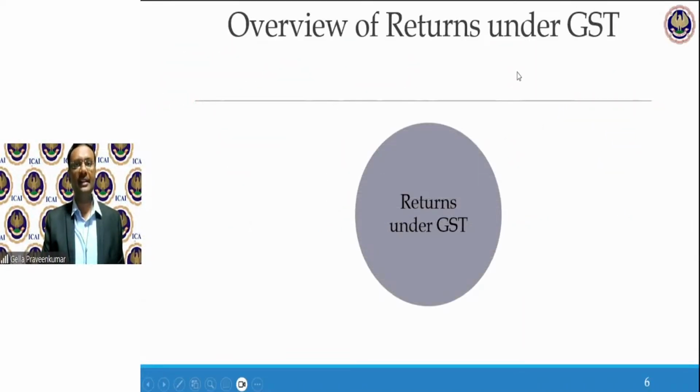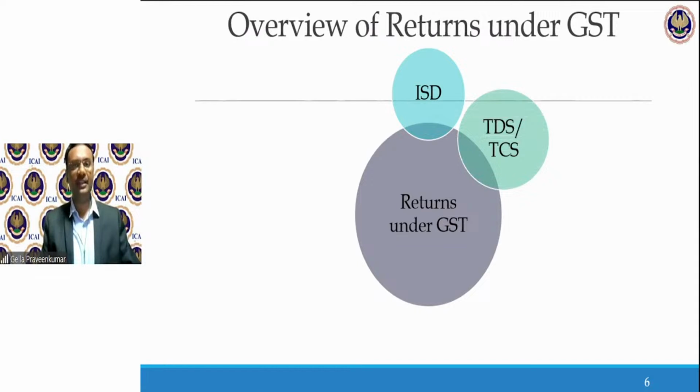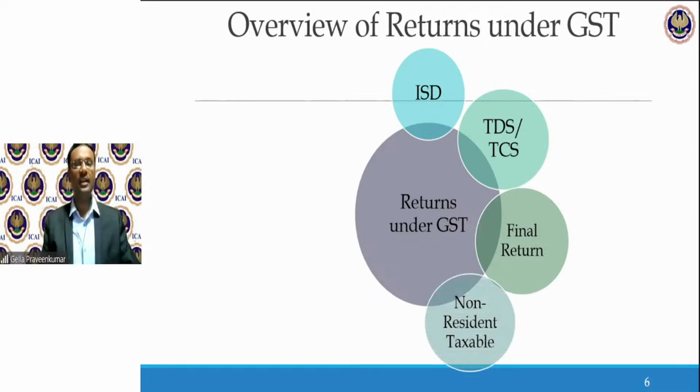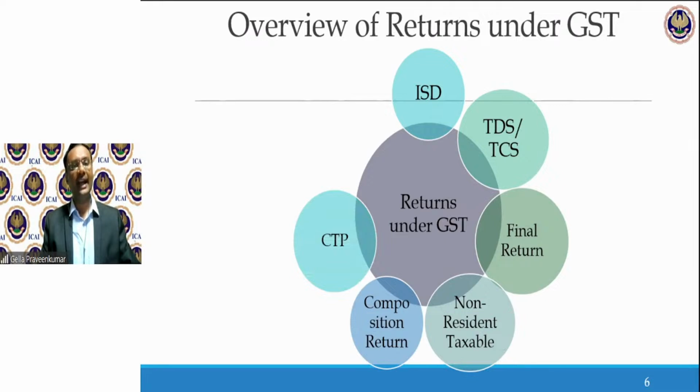Overview of my returns under GST law. The various returns which we are supposed to file are ISD return, TDS, TCS, final return at the time of cancellation of registration, NRTP, what we have discussed just now, composition under section 10, casual taxable person similar to your NRTP, and other periodical returns.